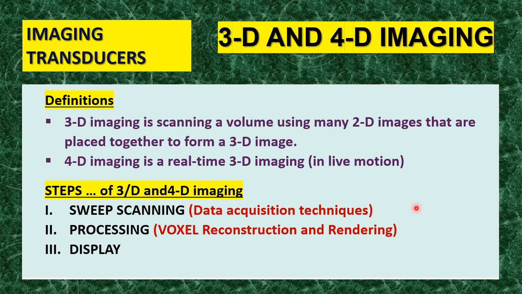So again, 3D imaging is scanning a volume using many 2D images that are placed together. The processor does that. We put these images together so they are saved and arranged in sequence, to form a 3D image.